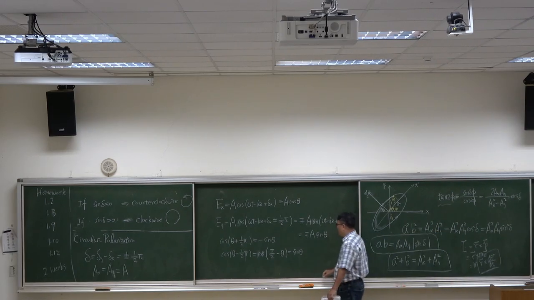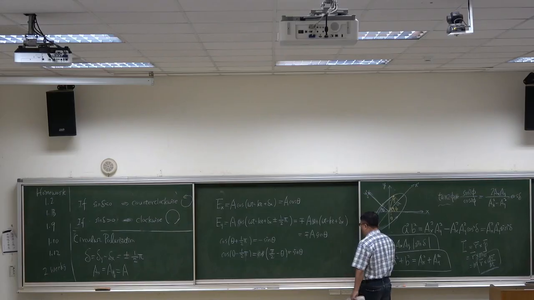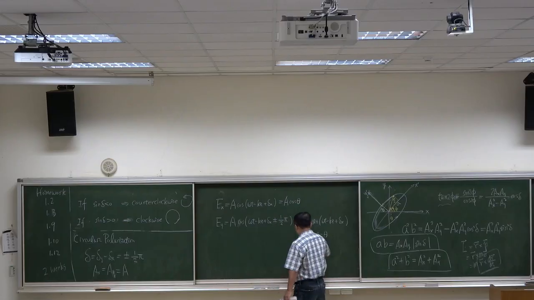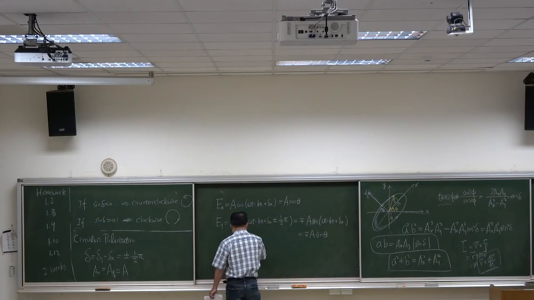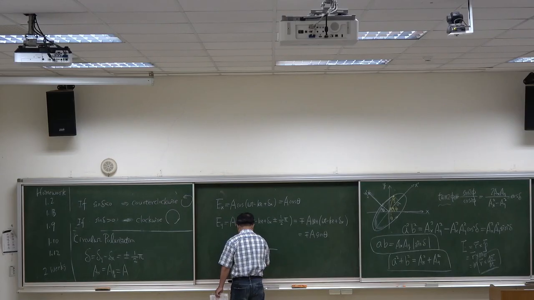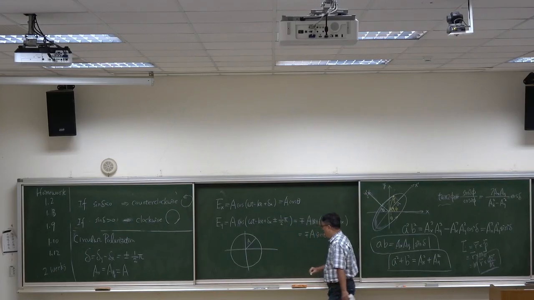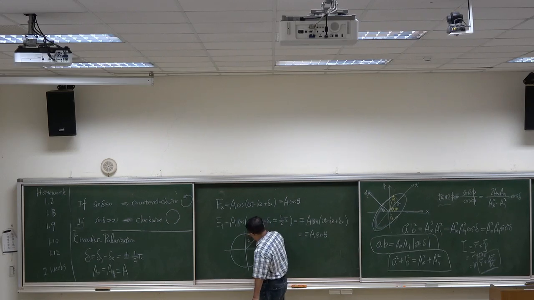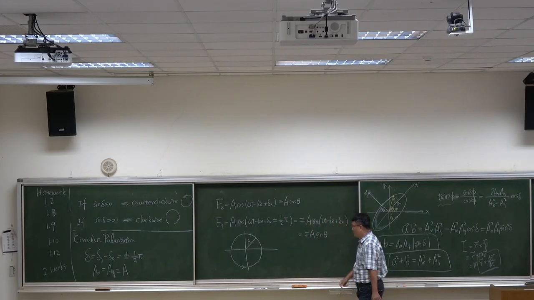Okay, so for the positive side, I can draw a circle of radius equal to A. Then if we have the positive sign, the trajectory is a circle and the revolution is counterclockwise.